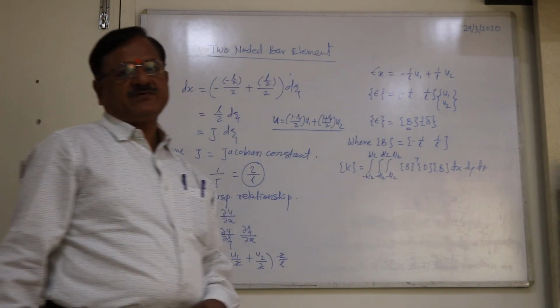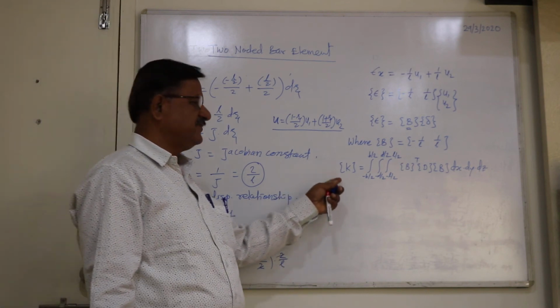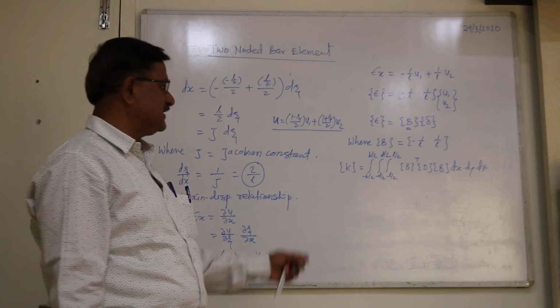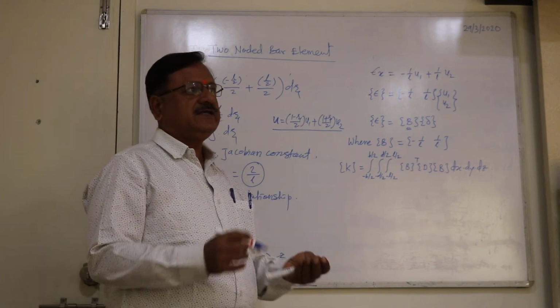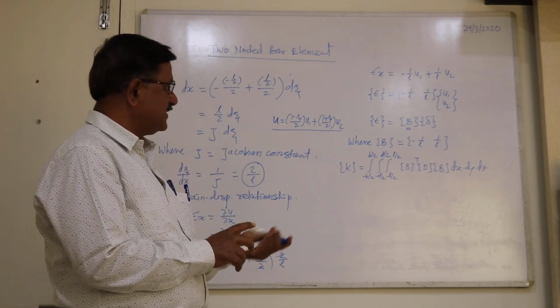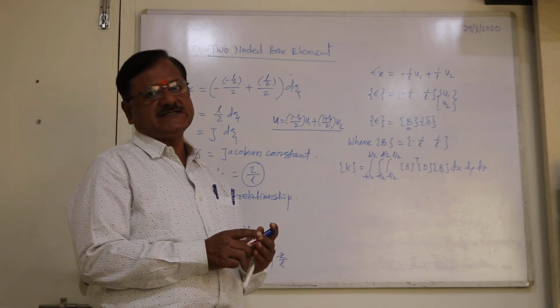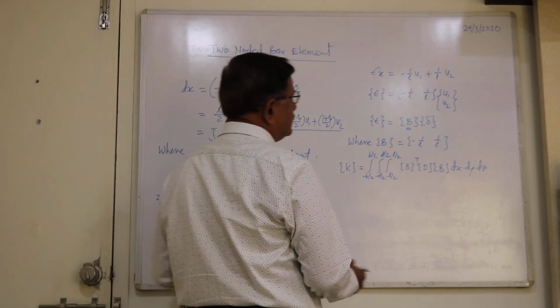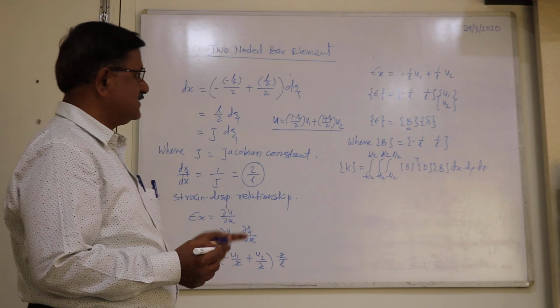This formula for the element stiffness matrix we have derived by using the principle of minimum potential energy, that is, the virtual work done must be equal to the total strain energy stored due to the stresses and strains. Now, this is in the Cartesian coordinate system.